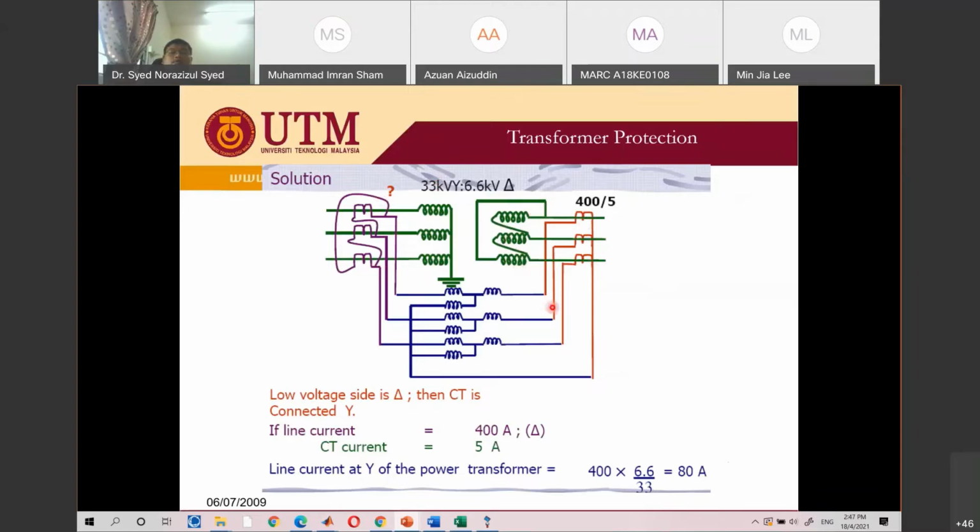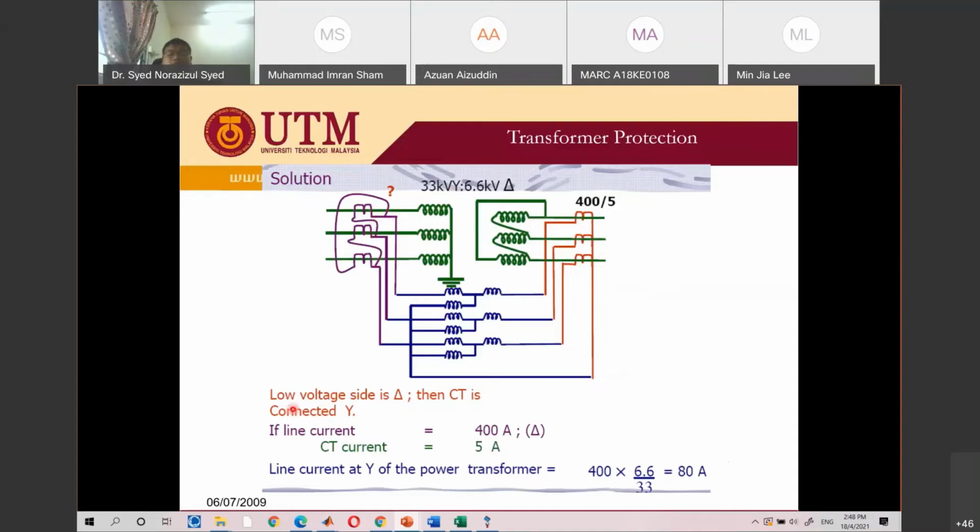Why? Because here you can change the 30 degree, and here you can maintain the 30 degree displacement. If you use star, that means you maintain the displacement. If you put the delta, that means you make a displacement; for example, this star is 0, when you put this one it becomes 30 degree.